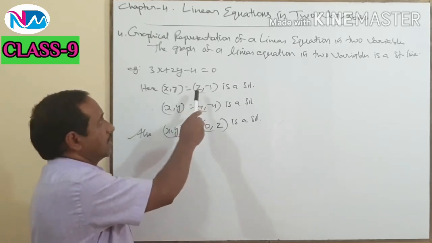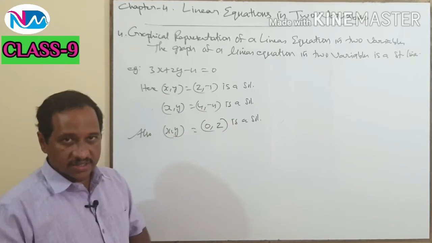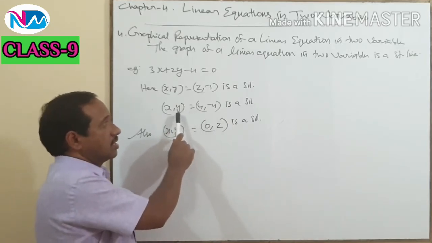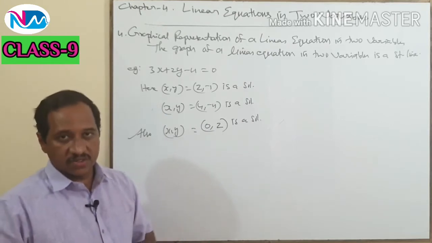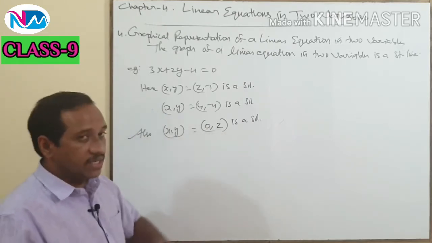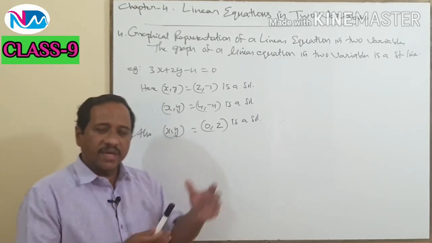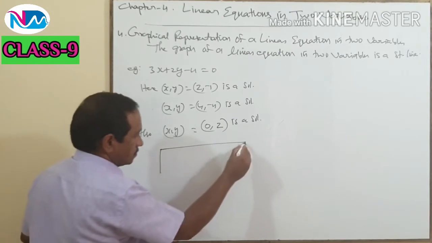That is, here 2 is the x coordinate and minus 1 is the y coordinate. And next solution 4 is the x coordinate and minus 4 is the y coordinate. Similarly, here 0 is the x coordinate and 2 is the y coordinate. So we can write this in a tabular form as follows.